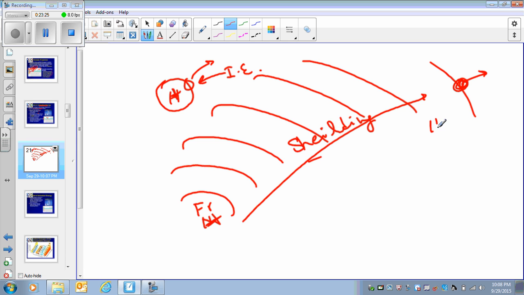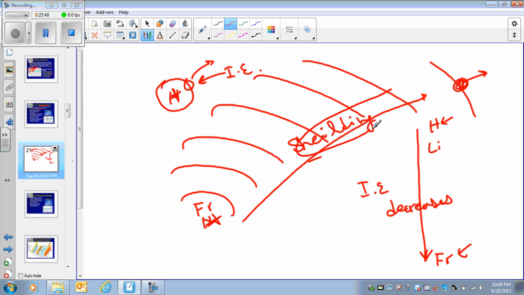Hydrogen is here, lithium is here, and francium is here in the group. So as I go down the group, I spend the least amount of energy at the bottom. So ionization energy decreases as we go down the group, because atomic radius increases as we go down the group. Since atomic radius increases, it's easier for me to take the electron out because of the shielding effect.